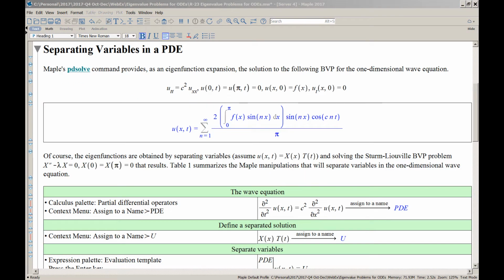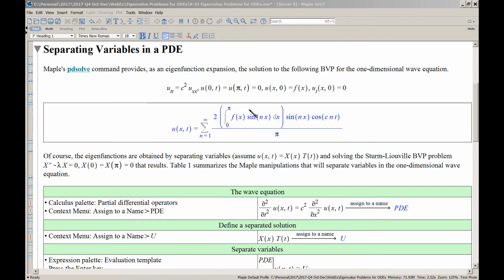To show you what I mean about Maple's ability to solve some boundary value problems for partial differential equations analytically, consider this simple wave equation, u_tt = c^2 u_xx. Pin down the endpoints of a finite string, for example, and give it an initial distribution of displacements, no velocity initially.